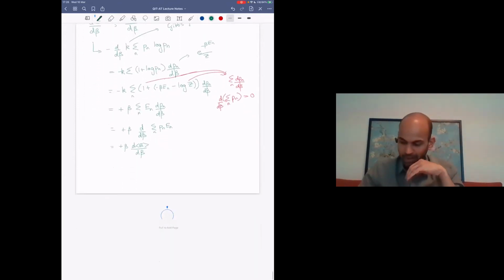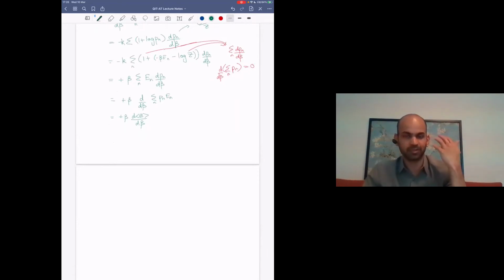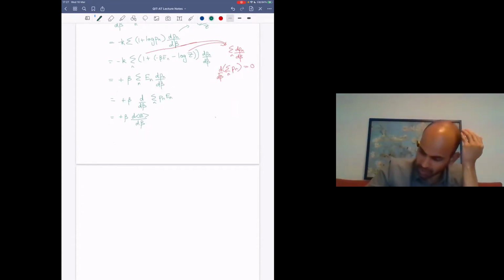And so all I have to do now to complete the connection between information-theoretic and von Neumann entropy is to say, well, if I have a state that's thermal and it remains thermal, then I'm going to associate that energy exchange with the thermal state as heat. So I'm going to write dE, or d of average energy, as dQ.